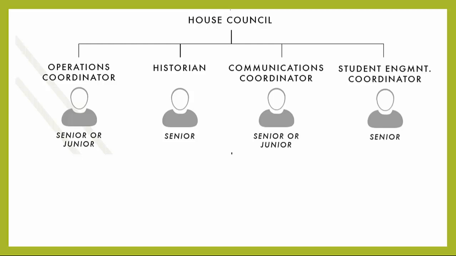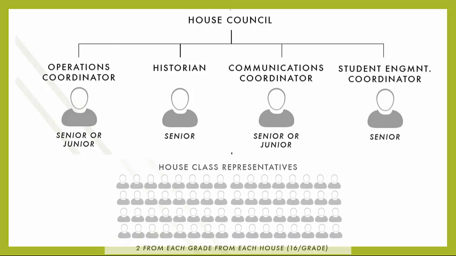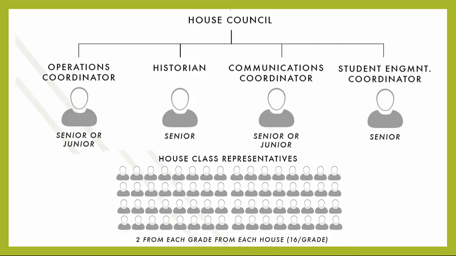But I want to let you know that in a few more weeks we will also be electing house class representatives. So there will be 16 seniors, 16 juniors, 16 sophomores, and then in the fall we'll elect 16 freshmen. It'll be 2 of each class from each house that will be the house class representatives.